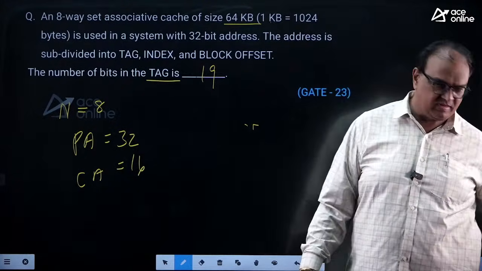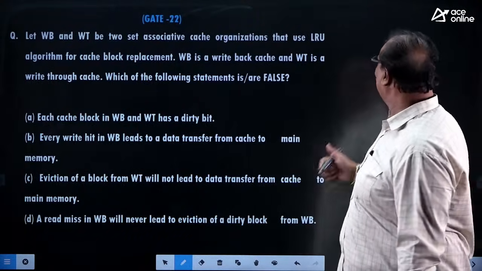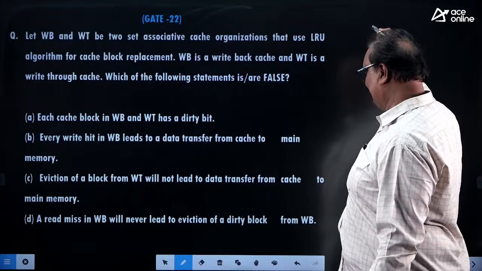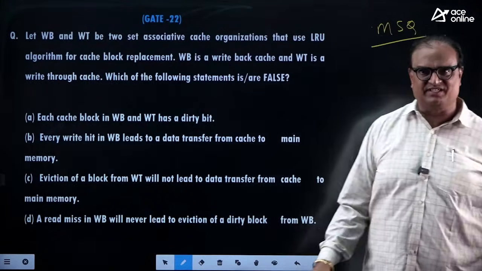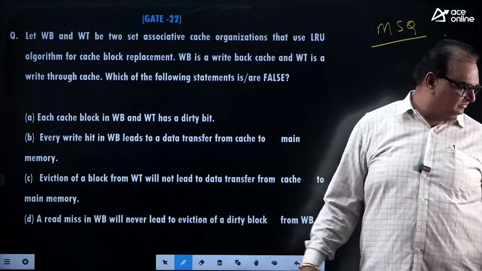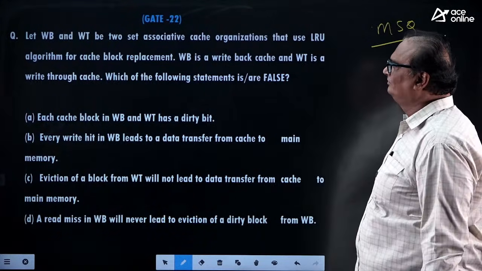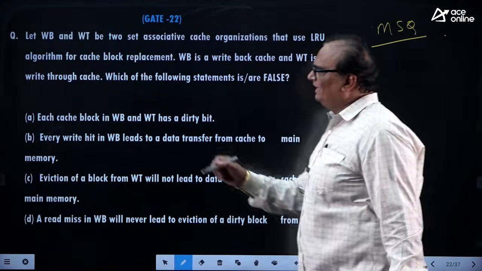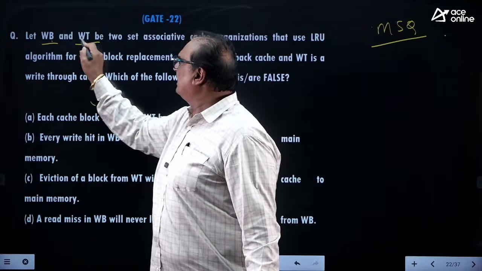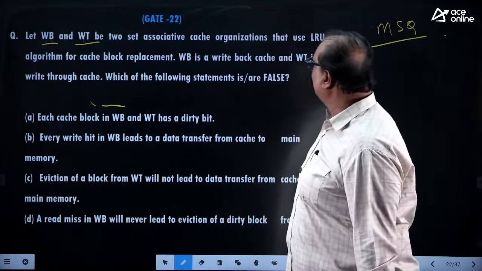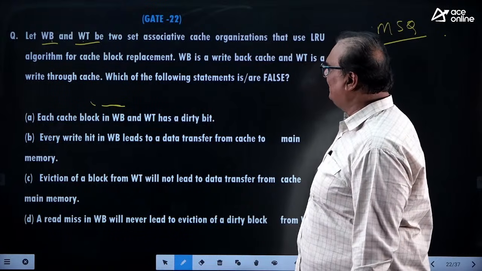Next, come to the MSQ question. Excellent question it is, MSQ. Read the question properly. Tell me your answers. Given in 2022. Let WB and WT, write back cache and write through cache, be two set associative cache organizations that use the LRU algorithm for cache block replacement.